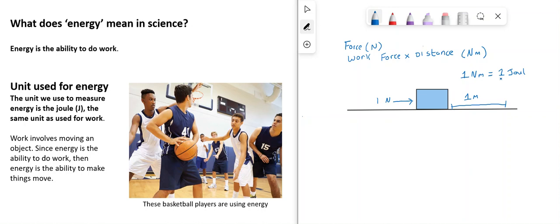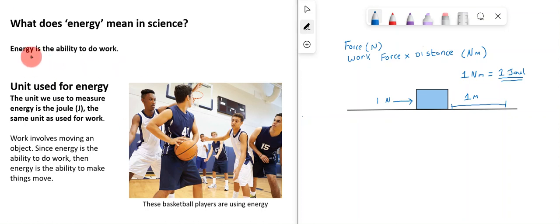You can think about it like this: 1 joule is a measurement of energy, but basically it's a force of 1 newton acting to move an object 1 meter. So that's the link between this idea of force and work and this idea of what's called a joule.